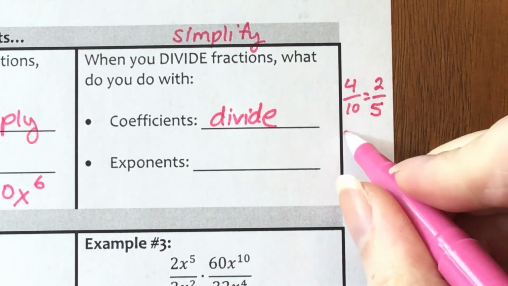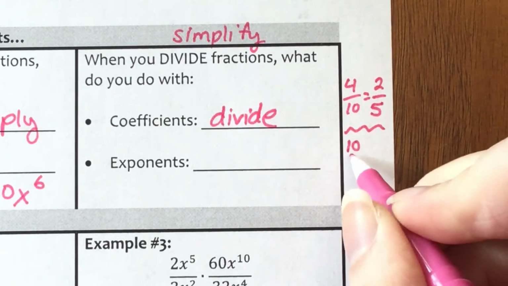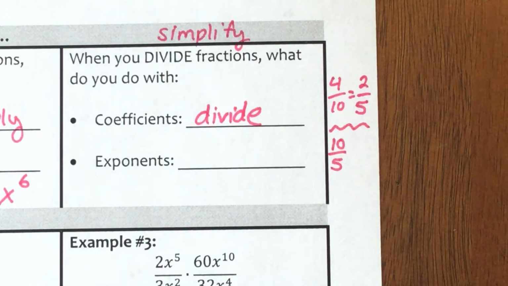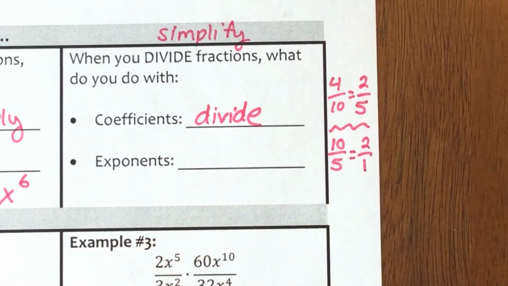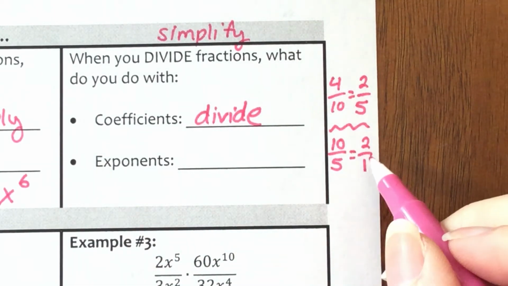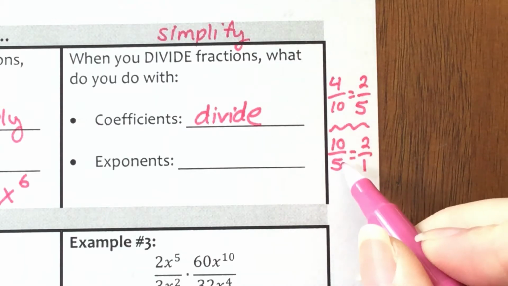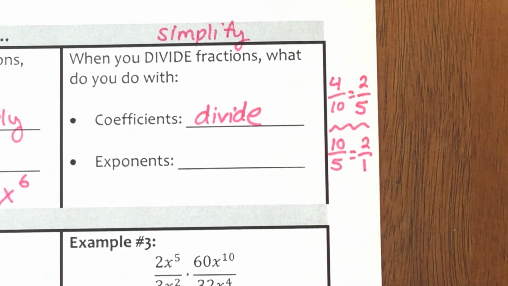Okay. However, if you do something like 10 over 5, that will divide out nicely. It will give you 2, which is the same thing as 2 over 1, right? 2 and 2 over 1 are the same thing. So we just have to keep in mind what was bigger, the top or the bottom. Since the top was bigger, that's where the 2 goes. Okay, exponents.